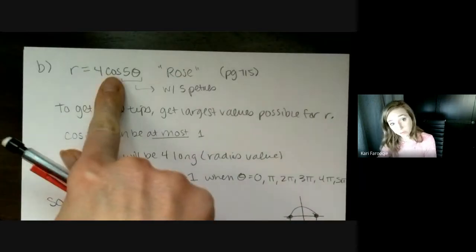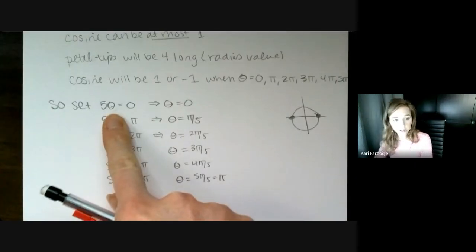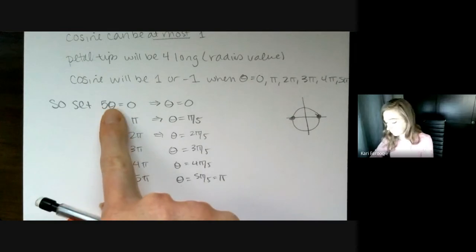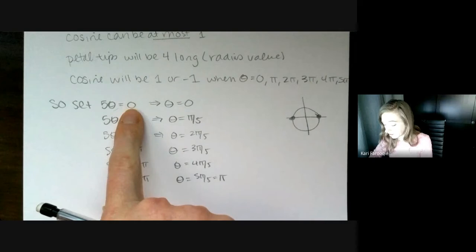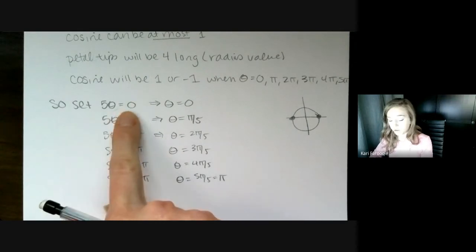Now, let's say that instead of having cosine 5 theta, you had sine 5 theta. Well, if that was the case, you would want the sine function to be 1. You would not set this equal to 0, because sine 0 is 0, not 1.